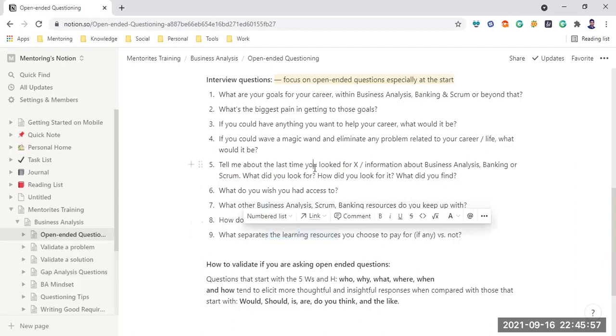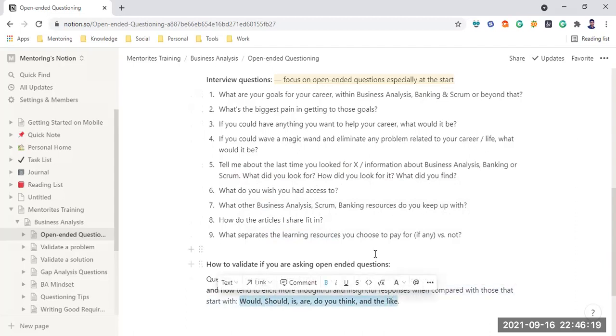But you need to ask what their goals are, what their biggest pain points are, and whether they did anything to solve that pain point before. Use questions like these to elicit more thoughtful and insightful responses when compared to questions which start with these.